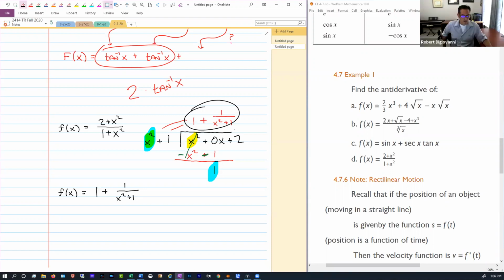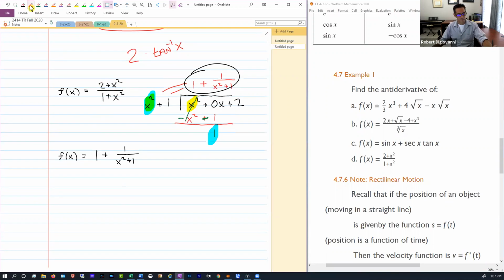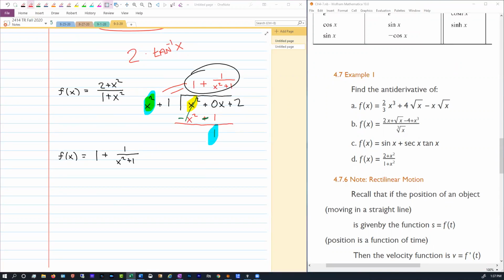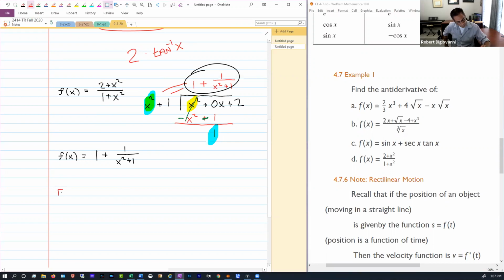Okay, so here's where we are. Now, can you find the antiderivative of that? How do you feel about taking the antiderivative of that? Yes, it's possible. Okay, so you can do them separately, can't you?